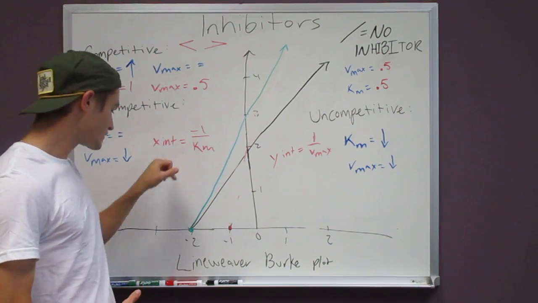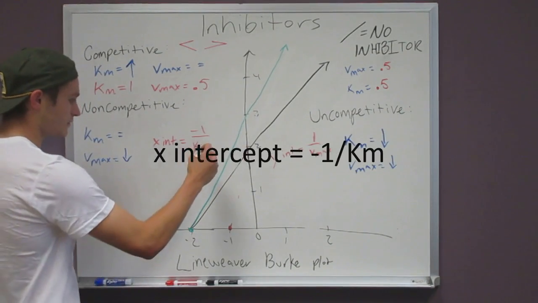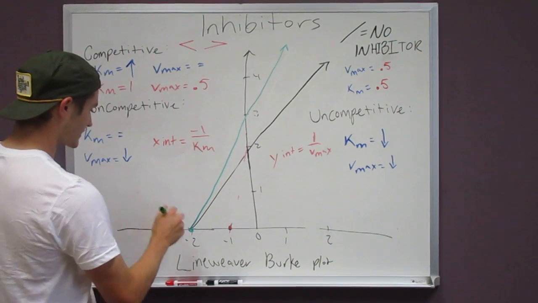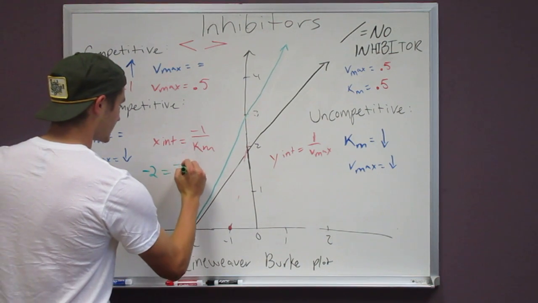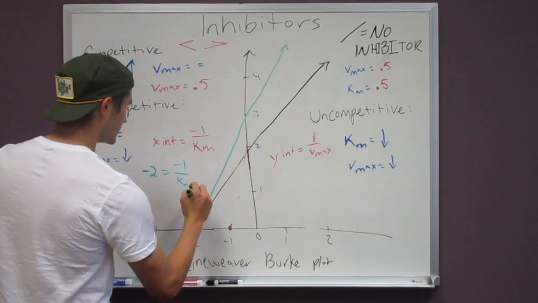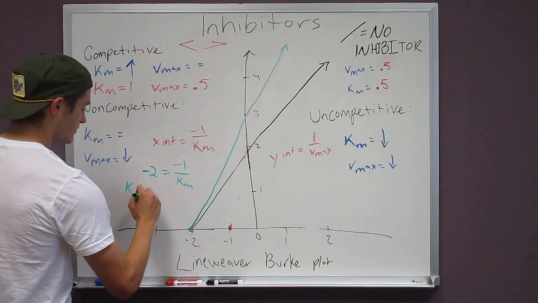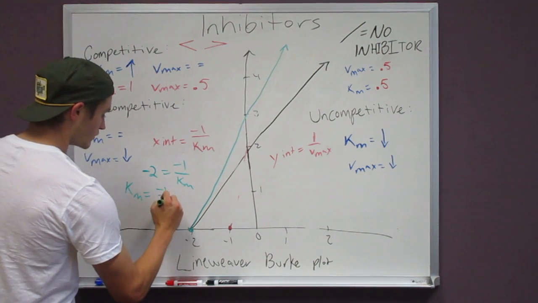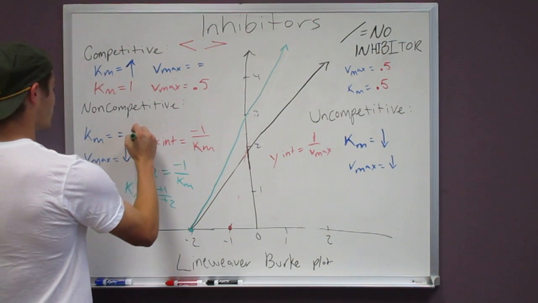We have x-intercept equals -1 over Km. The x-intercept is -2, so -2 equals -1 over Km. Swap these around, Km equals -1 over -2, which is 0.5. So our Km would be 0.5.